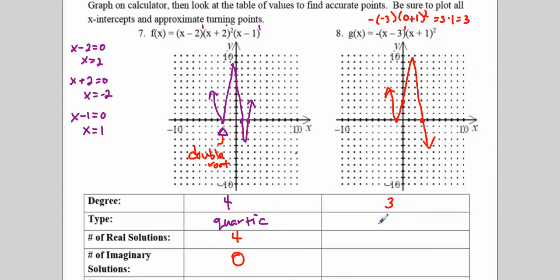The degree of 3 means that the type is cubic. The solutions, I have a double root right here, so that one counts twice, plus one more, so I have 3 real solutions. So you subtract the degree minus the real solutions and find that you have 0 imaginary solutions.